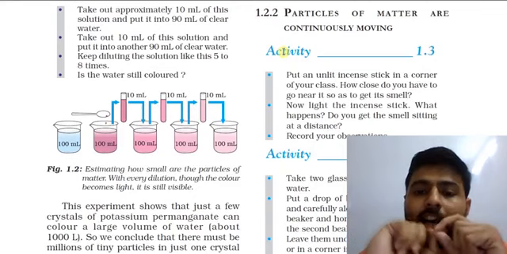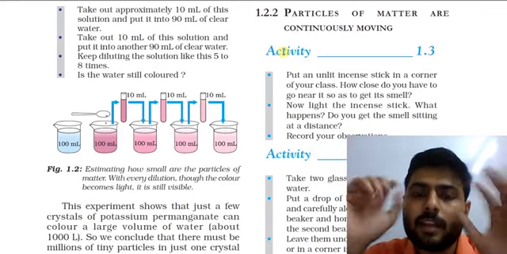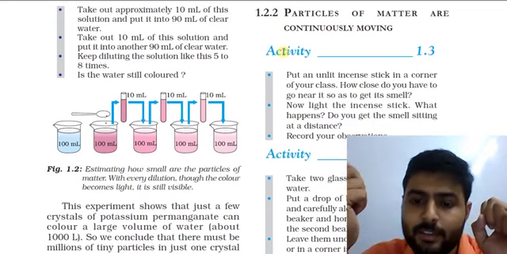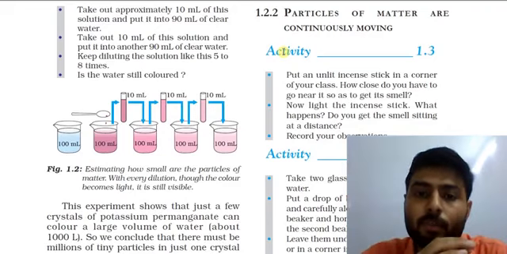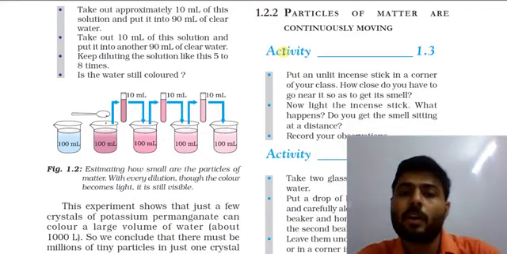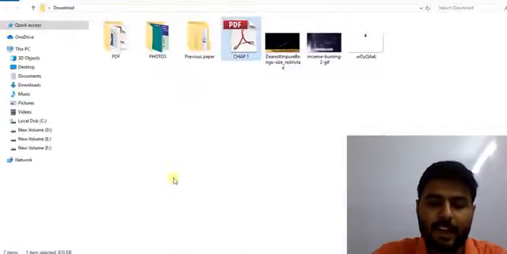But now we light that incense stick, what will happen? It will burn, gases come out from it, and if we burn it and put it in the corner of the room, we can smell it from the other corner of the room also. What will happen when we light the incense stick?